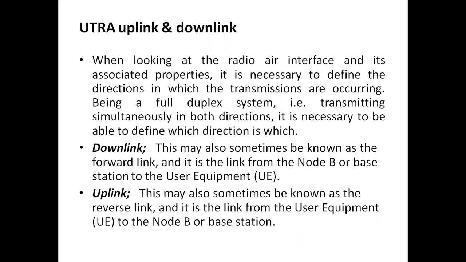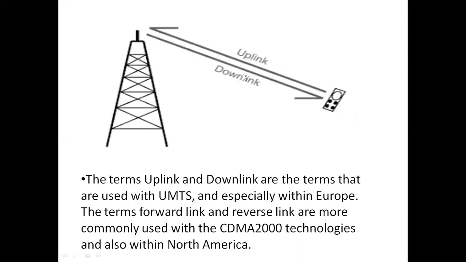Whenever the base station sends information to the mobile phone, it uses downlink, or forward link. And whenever we want to send information to the base station, we use uplink, or reverse link. So these are the two links we have: this is uplink and this is downlink.